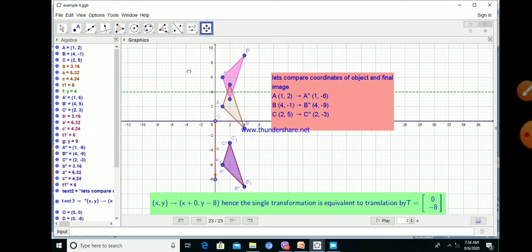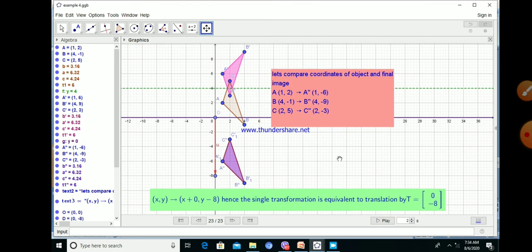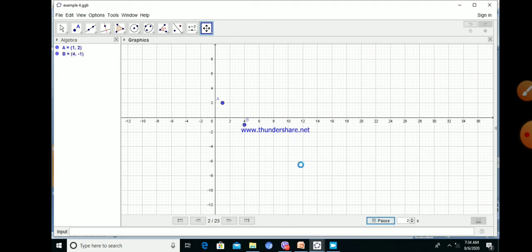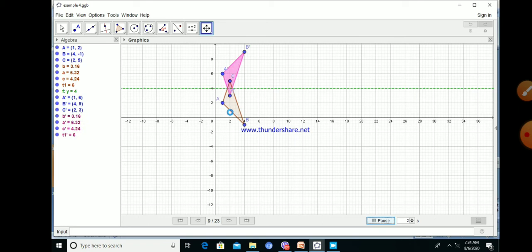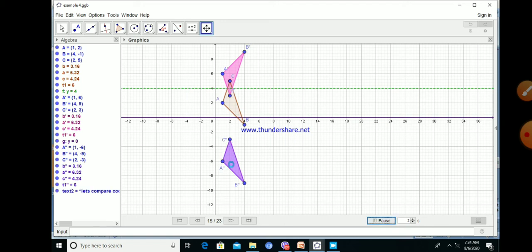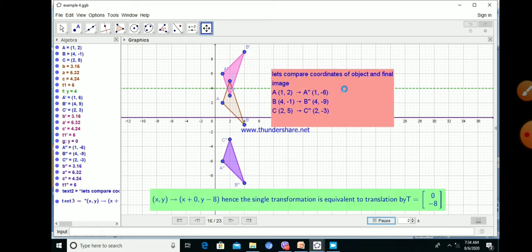First we'll plot A, B and C, join them like this, and we get triangle ABC. Then we'll plot A dash, B dash and C dash, and join them. That is our first image, reflection on y equals 4. Then the final image A double dash, B double dash, C double dash will form. This is again reflection on the x-axis.